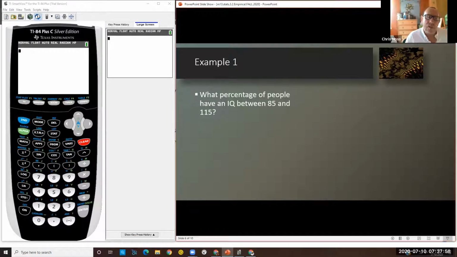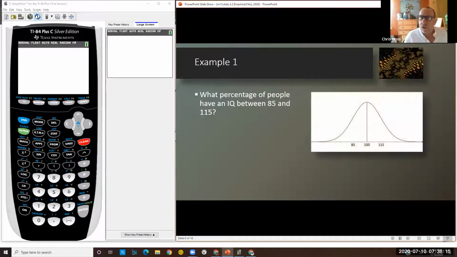So more of example one. What percentage of people have an IQ between 85 points on the low end and 115 points on the high end? We're going to need to work in the mean of 100 and the standard deviation of 15 into this little bit of analysis. I've drawn some pictures here that help us understand what's going on. We already know we have a normal distribution with a mean of 100.